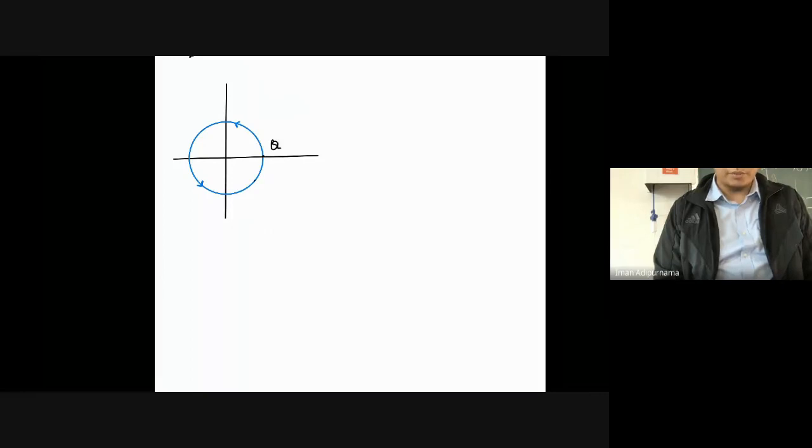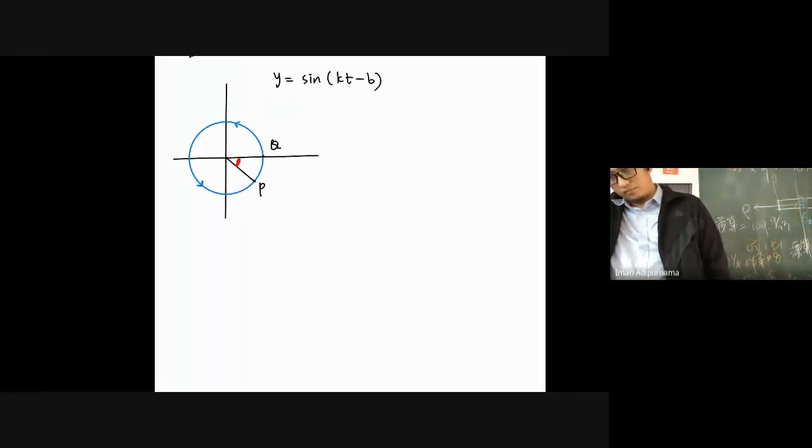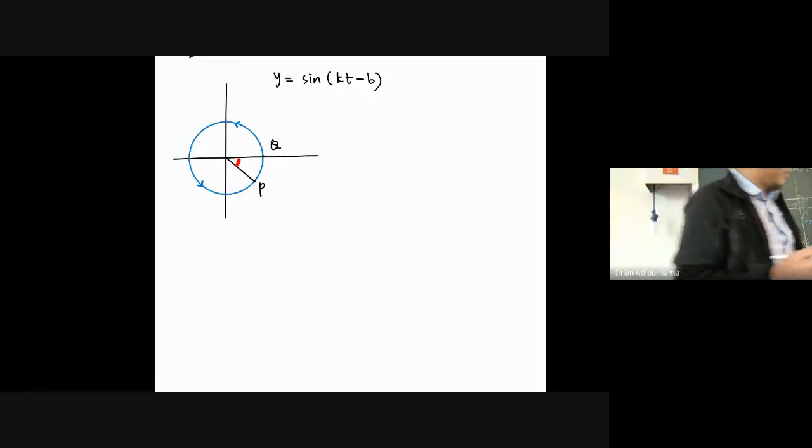Let me make a Q and then let me make P. And I have some angle here. Let's say I have y is sine of kt minus p. Okay. Let me give you some idea here.